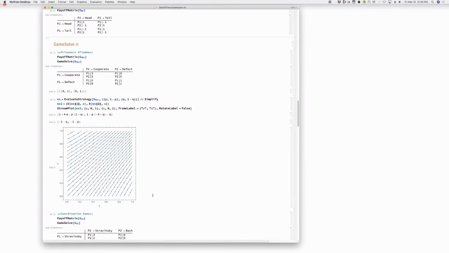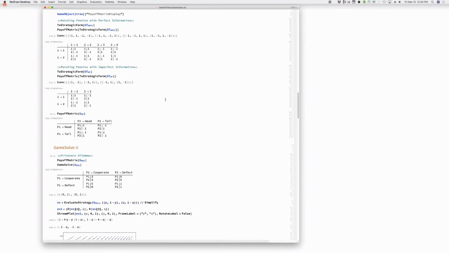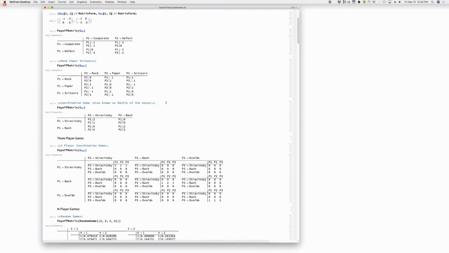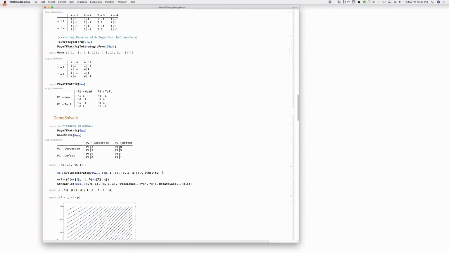And so it gives two separate things. First of all, it can give several Nash equilibria. So from this, you can learn that there is only one unique Nash equilibrium in this situation. Where is the definition of that G, whatever it is? Or is that already defined? If I run this, is it going to work?